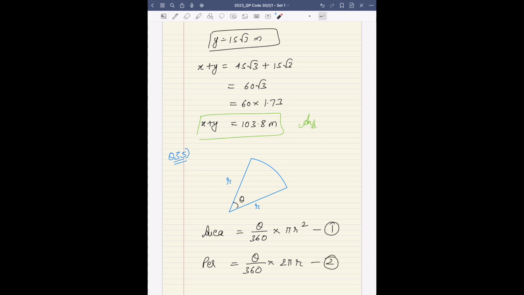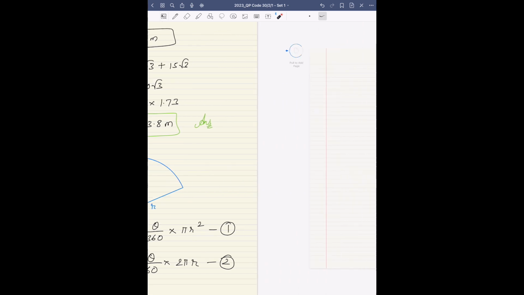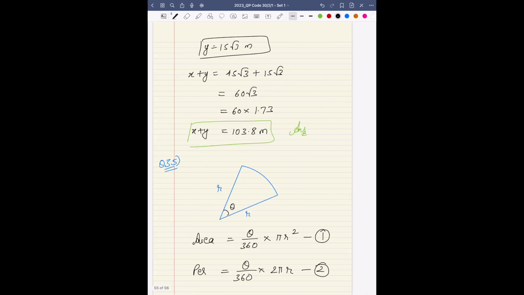What if we divide both of them? If you divide, you are going to help yourself a lot by reducing the calculation. Dividing equation 1 and 2, what do you get? Area upon perimeter is equal to theta upon 360 into pi r square, upon theta upon 360 into 2 pi r.